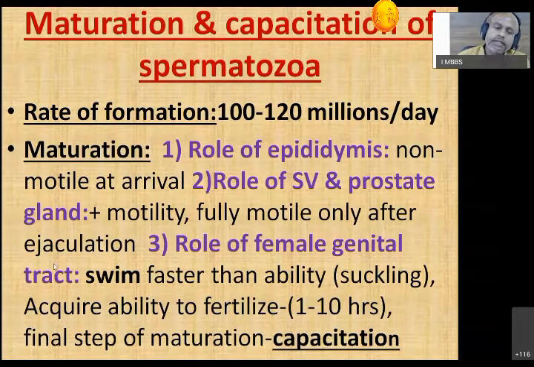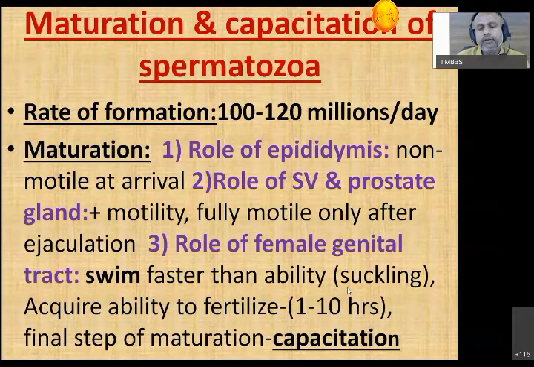Role of the female genital tract. The sperm swim faster than their own ability in the female genital tract because of the prostaglandin in seminal vesicle fluid. That will cause contraction of the uterine musculature, an aspiration-like, suckling-like effect, and they will swim faster than their ability.